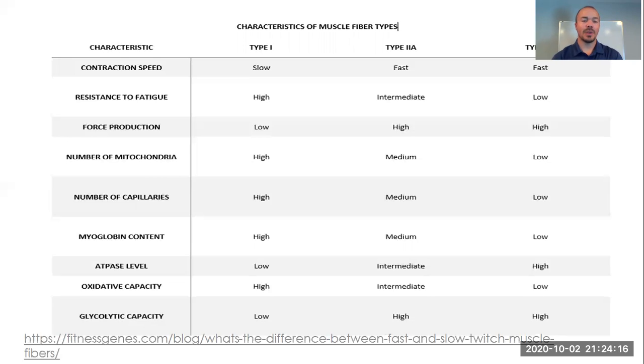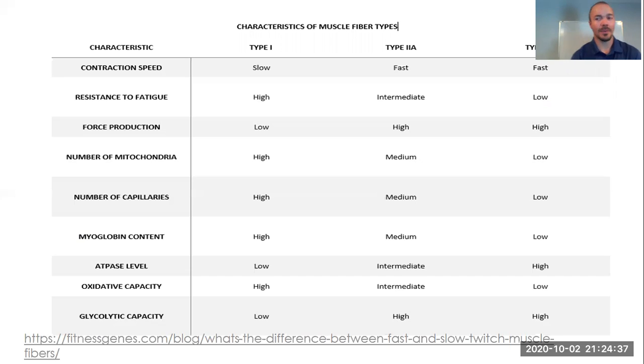So if you are doing a lot of slow activity, a lot of fatigue intensive activity, if your activity is low force producing, you may not be training conducive to producing speed.